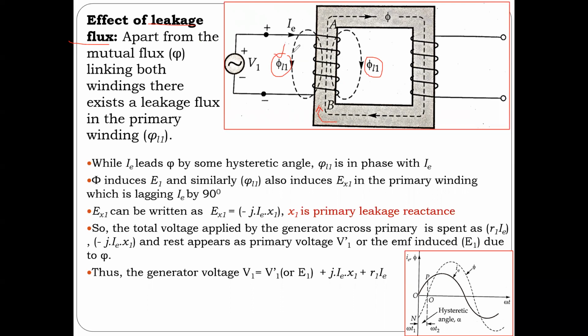Now, the flux which is flowing through the core has a phase difference of alpha, the hysteretic angle, with IE. Why? Because it has to pass through this magnetic medium. But the leakage flux goes into the air. And the permittivity of air is very low. It's 1. Okay, relative permittivity is 1.